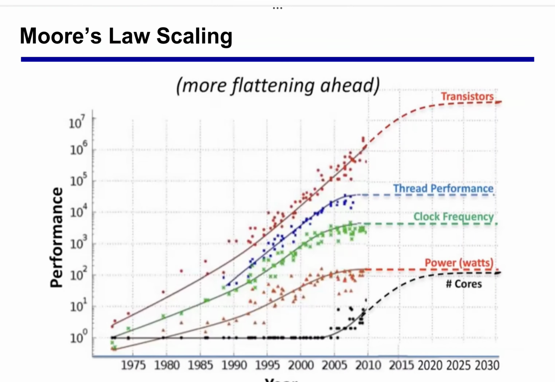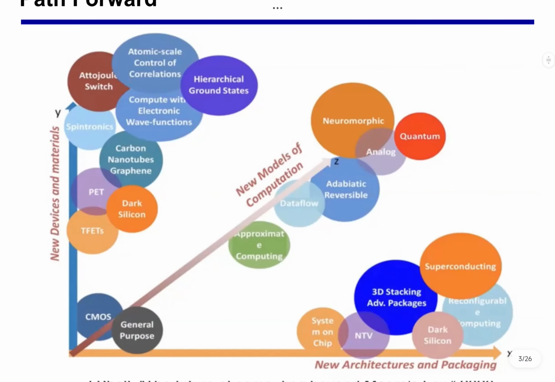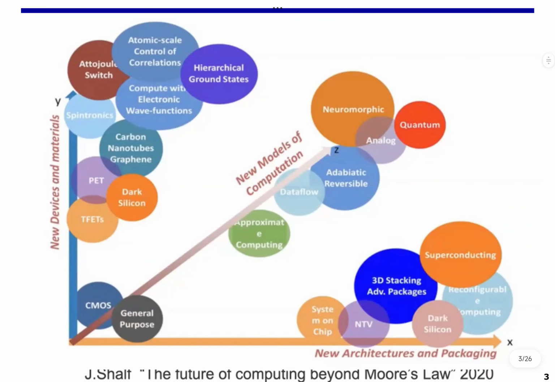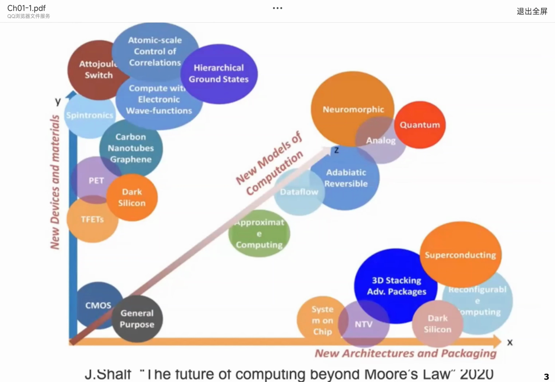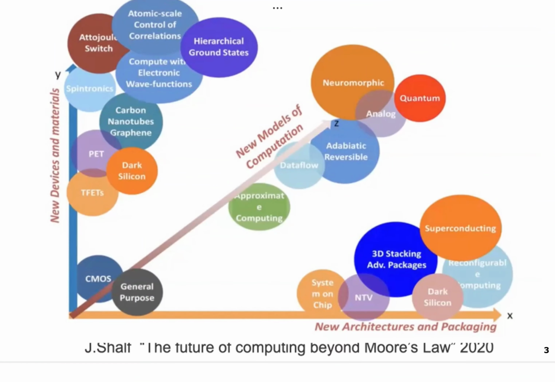Now there are statistics of the performance, and there is another topic about the path forward. The vertical line is the new devices and new materials, and the parallel line is the new architectures and packaging. It seems there are two legs.